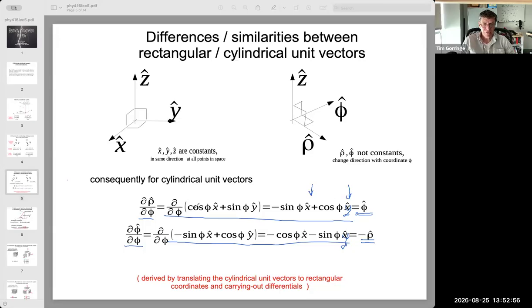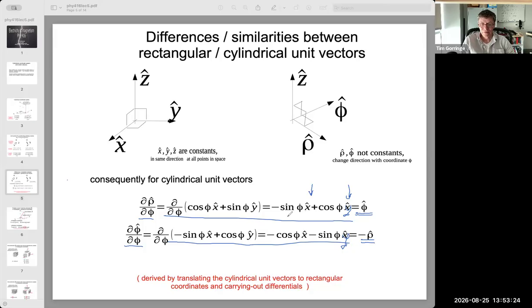When I differentiate a cosine, I'm going to get a minus sign. When I differentiate a sine, I'm going to get a cosine. So this cosine phi becomes minus sine phi, and this sine phi becomes cosine phi. And similarly downstairs here. Once I calculated these results of the differential, I looked back at the dictionary and said, hey, that's curious.